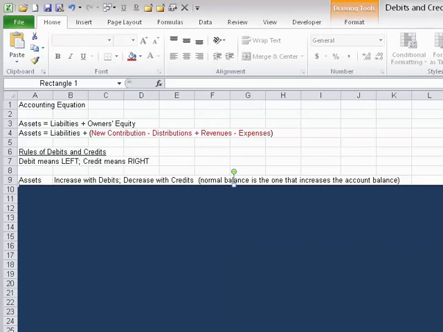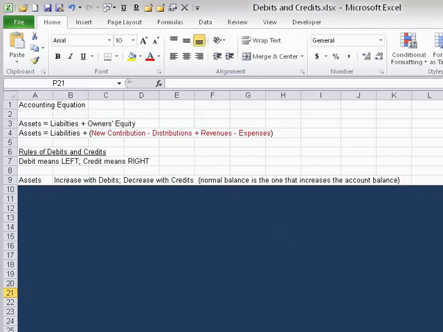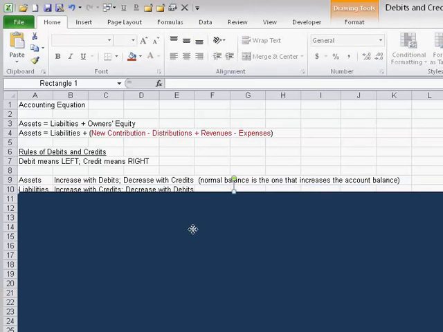Okay? Assets increase with debits and they decrease with credits. Another way of saying that is the normal balance is the one that always has the increase side. So the normal balance for assets would be debits, right? Assets have a normal debit balance.